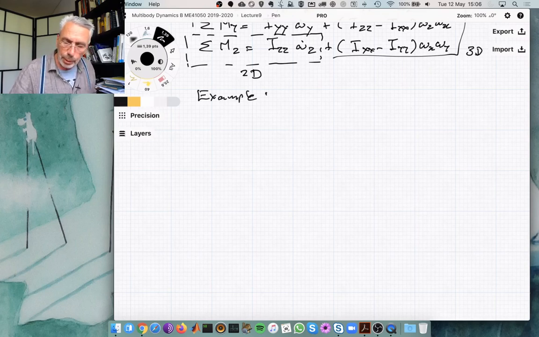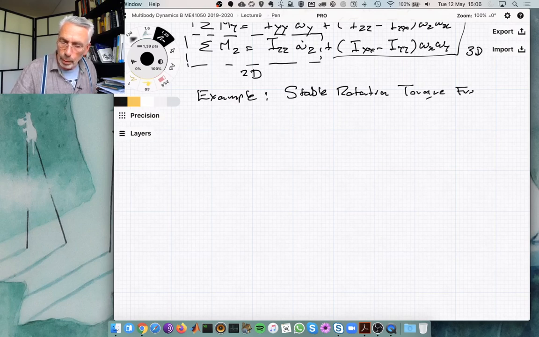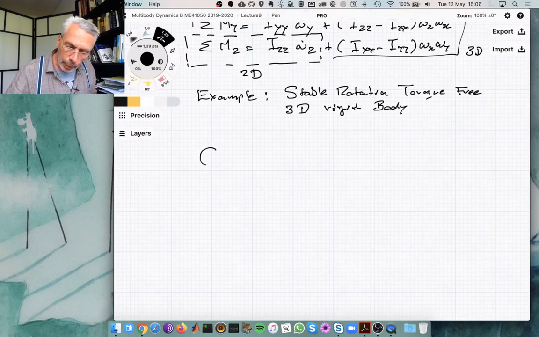The example is stable rotation of a torque-free 3D rigid body. And what are we looking at? Well, as an example, I want to look at this kind of thing.